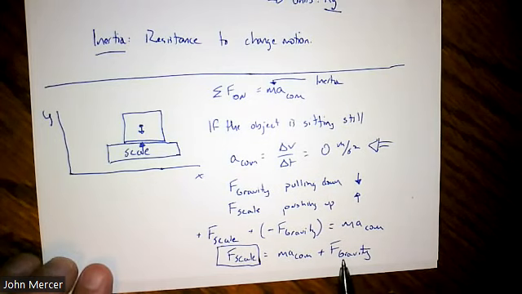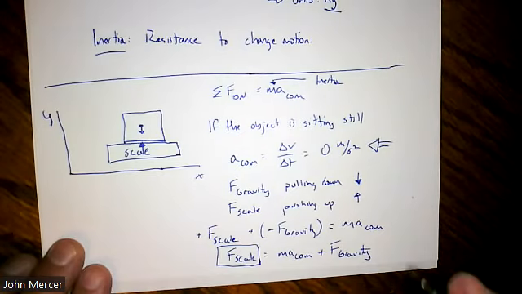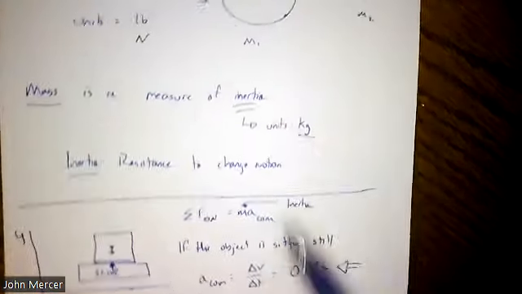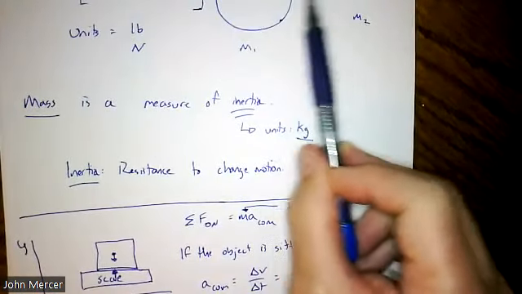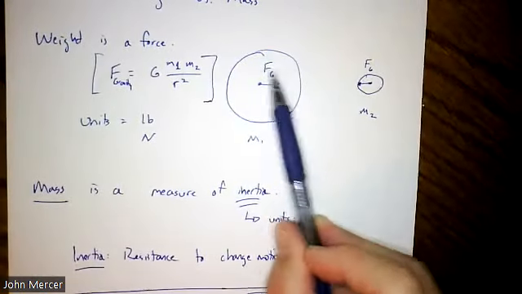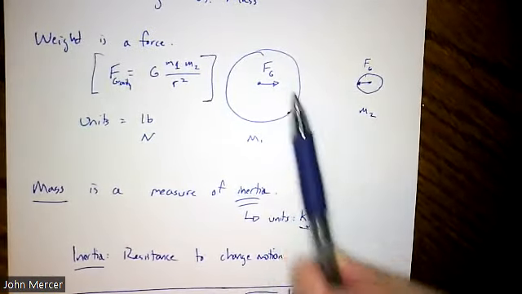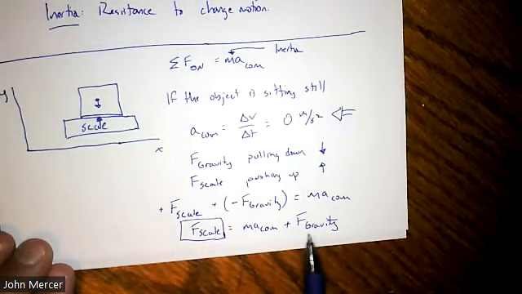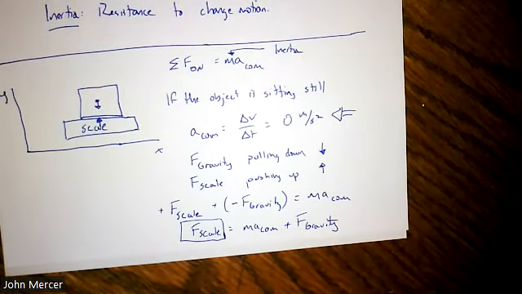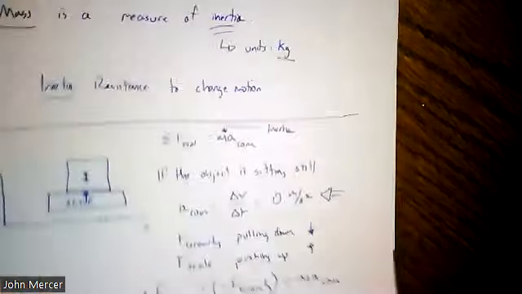But the force due to gravity is always going to be a constant number. That's the weight of the object. That's the force due to these two objects trying to attract each other. So that's a constant. But weight is a force. All right, so now let's look at this one layer deeper.